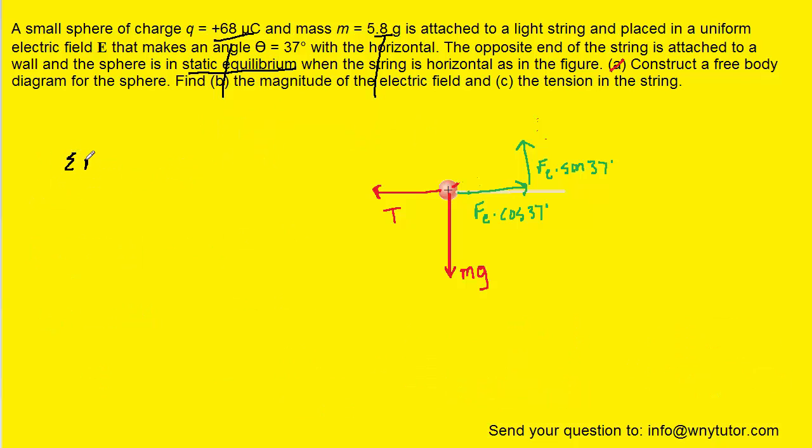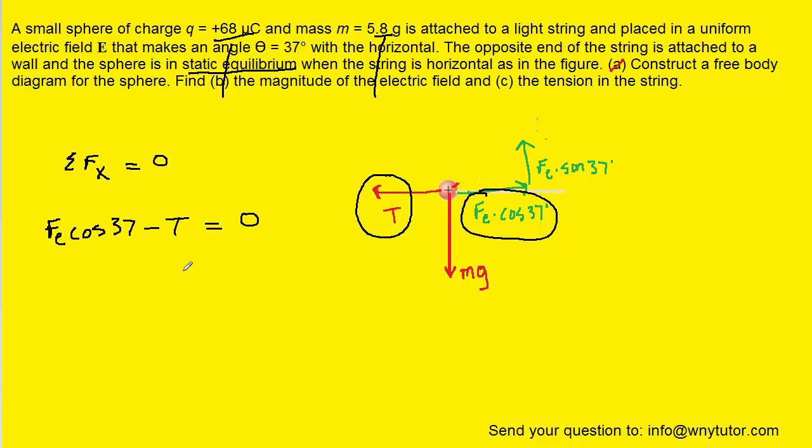Now, to solve part C, let's not forget that the sum of the forces in the x direction is also equal to 0. We can see that there are two forces in the x direction. We have the tension force as well as Fe cos 37. Fe cos 37 will be positive because it's pointing to the right, and tension is negative because it's pointing to the left, so we'll fill those in. We'll go ahead and add the tension over to the right-hand side.